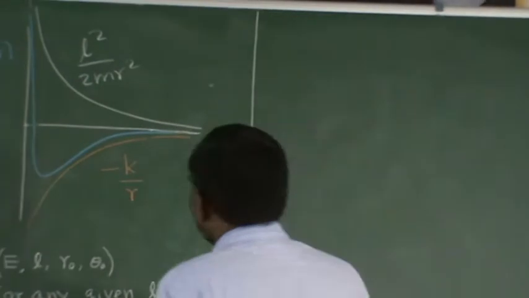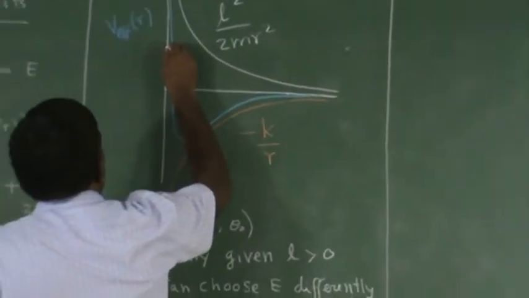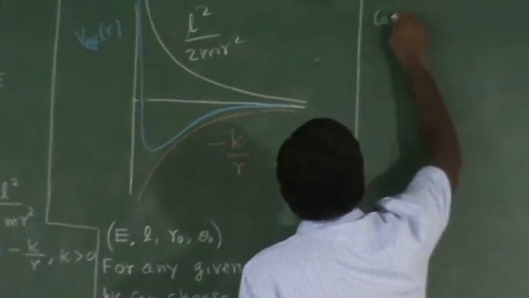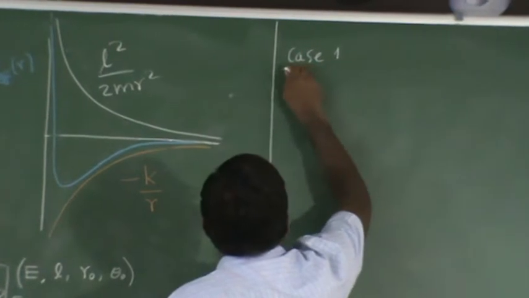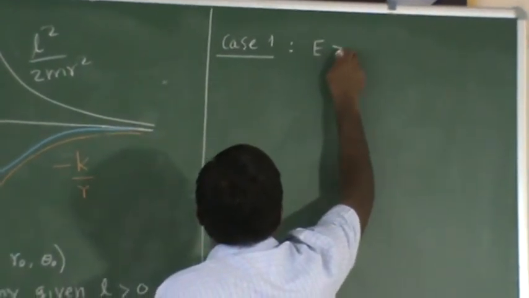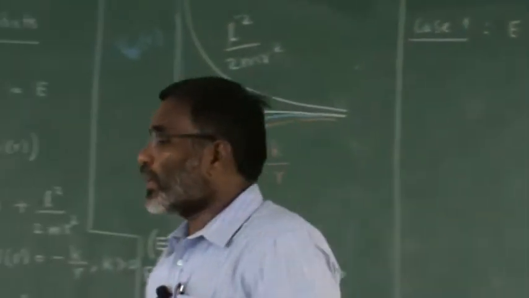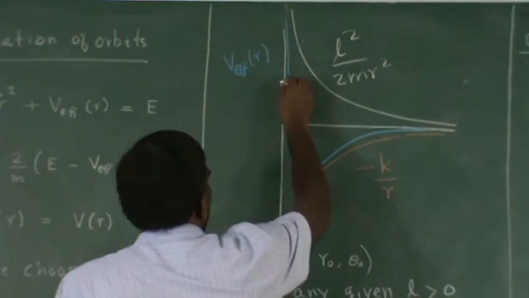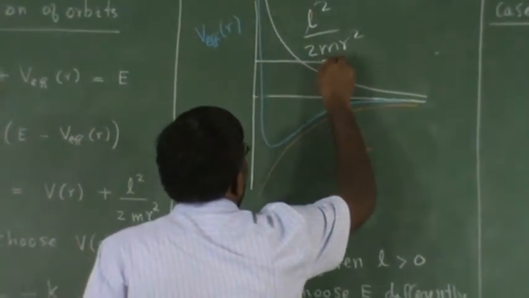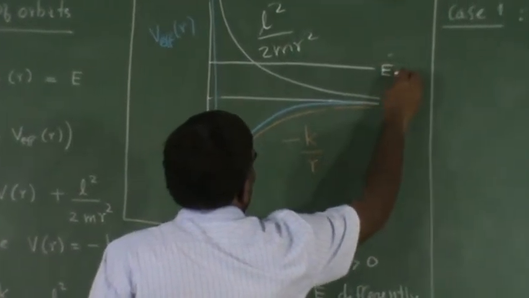So first let us consider the case where the energy is positive. So in case 1, we take energy greater than 0. That means we are considering some particular value here. So let me draw this as my total energy, which is going to be constant. So this is my energy E1.